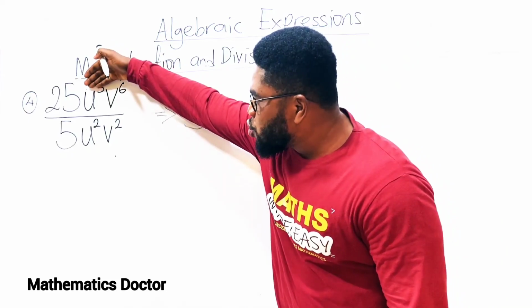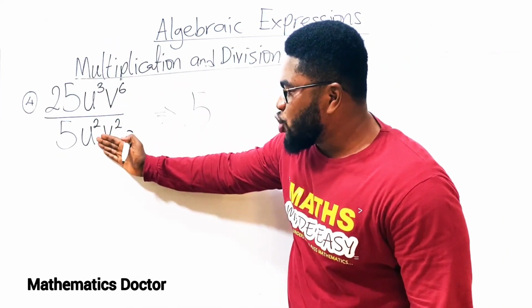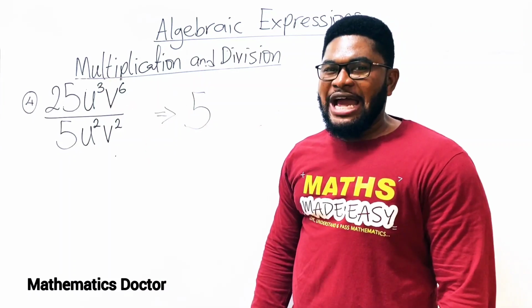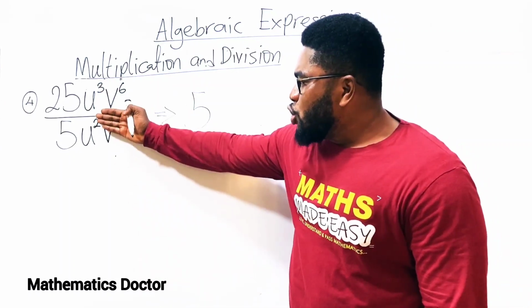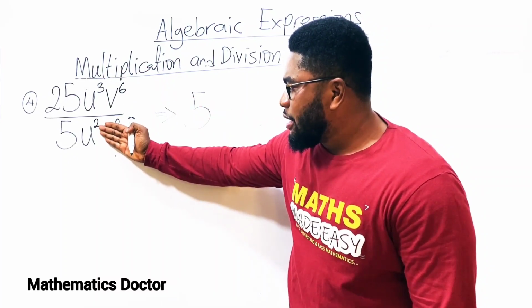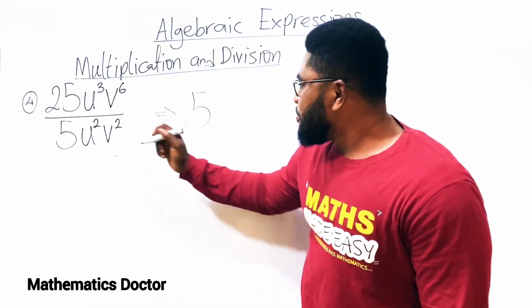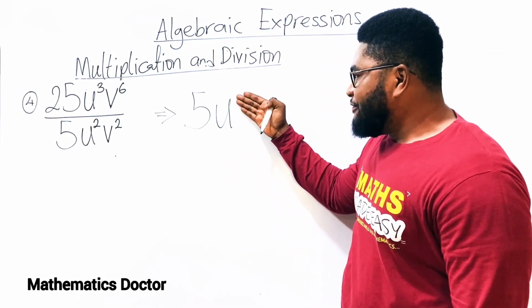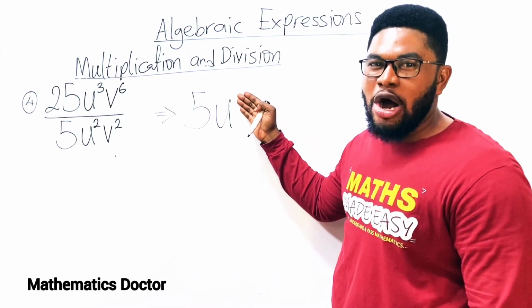Let's take u power 3 with u power 2. The least power will divide the highest power. So using the indices approach, the power 3 will be minus power 2, making it u raised to the power 1. I'll leave it without the power, meaning it's power 1.